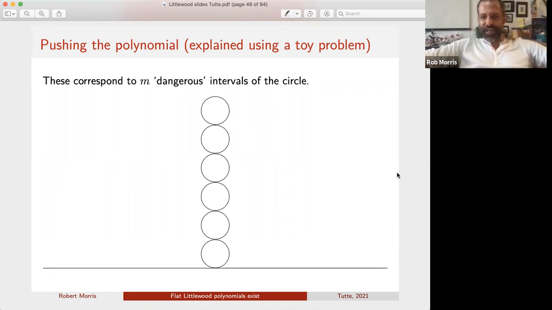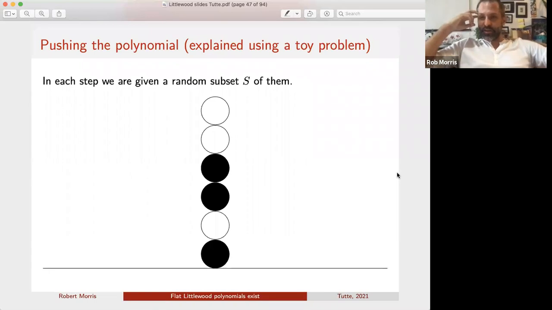And what happens? Well, for each k, we have to choose an epsilon k, plus or minus 1. And for each k, about half of them are going to be positive, and about half are going to be negative. Which half it is going to be is basically random. So these are the sine k thetas. The value of sine k theta on each interval looks a bit like just a random plus or minus 1. Let's think of the black balls as being the plus ones and the white ones as being the minus ones.